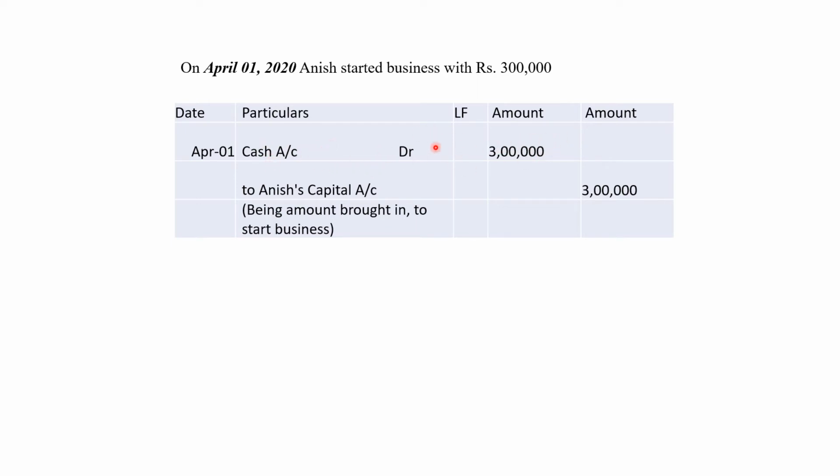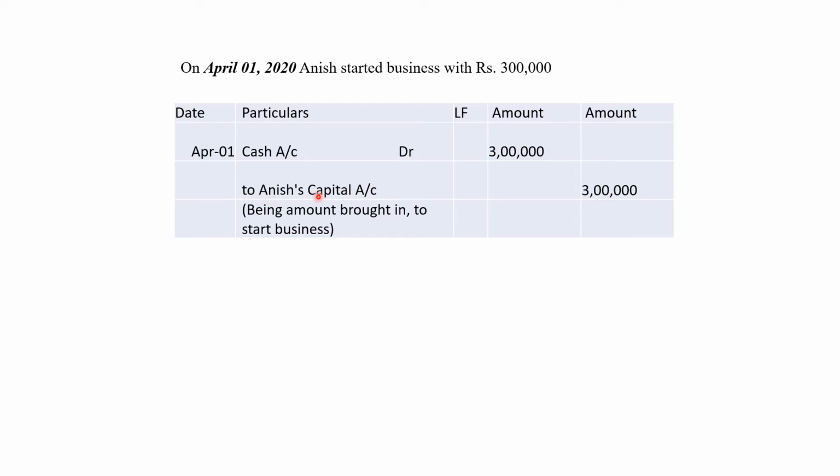Cash account debtor. So these journal entries are all happening in the books of account of the business to Anish's capital account, right? Because Anish is the one who has given it. So there's a personal account over here. So credit the giver, right? We have studied about personal account, debit the receiver, credit the giver.